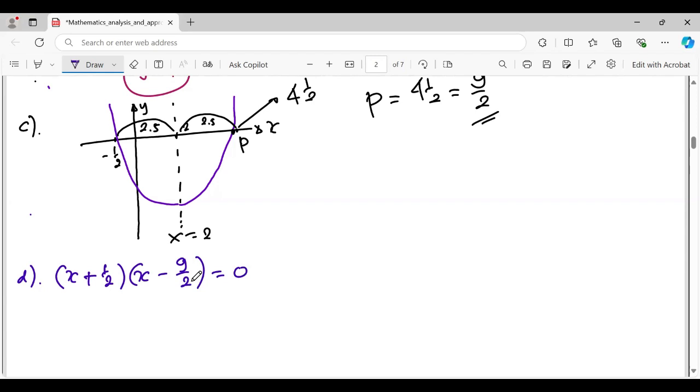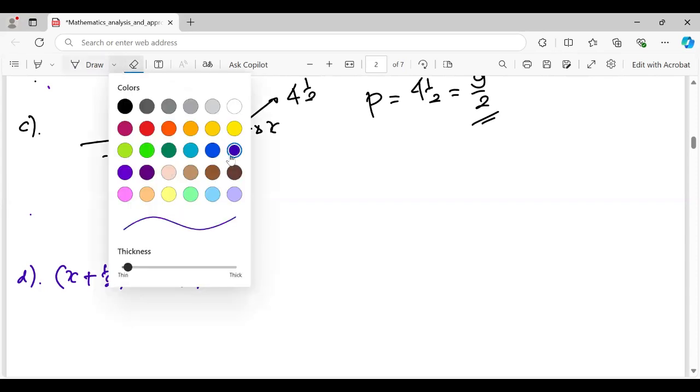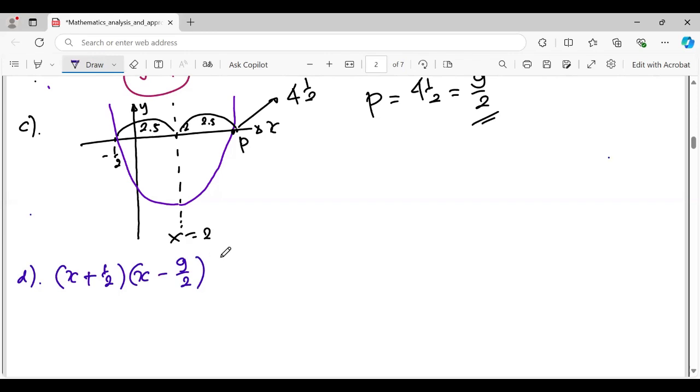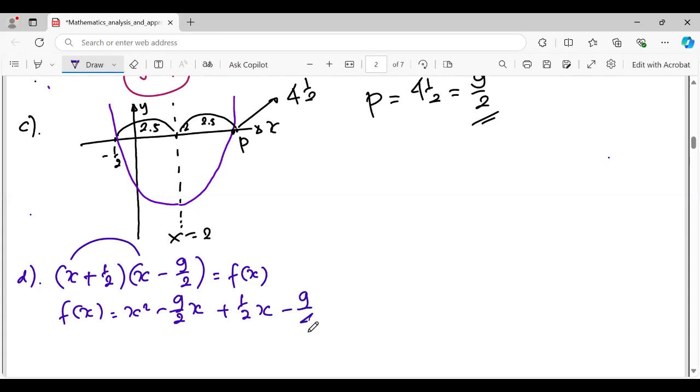The equation of this function equals g(x). So g(x) is x squared, because multiplying, minus 9 half x plus half x minus 9 over 4, becomes x squared minus 8 half x minus 9 over 4.